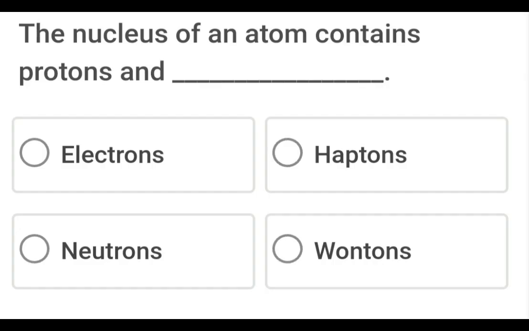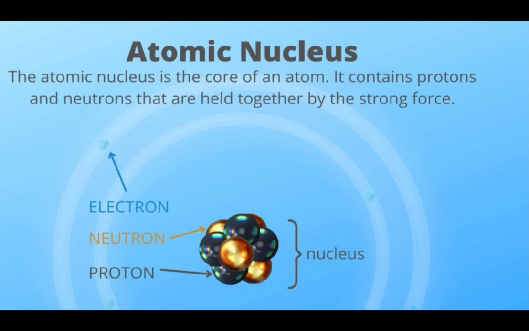Sixth question. The nucleus of an atom contains protons and dash. A. electrons, B. haptons, C. neutrons, D. wontons. We are going to select neutrons as our answer. The nucleus of an atom contains protons and neutrons. Protons have a positive charge, whilst neutrons have no charge.